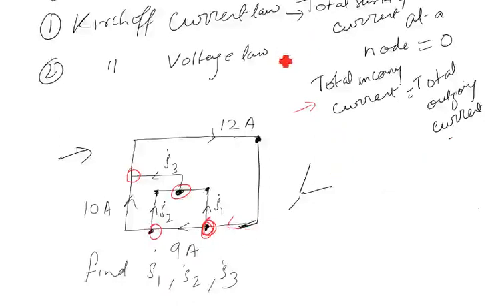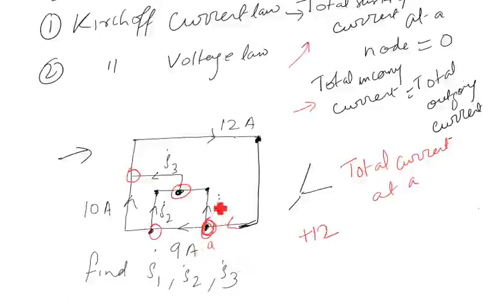Now I will use both the formulas. Just remember for the first formula that if the direction is in, you have to give a positive sign. If the direction is out, you have to give a negative sign. So total current at A: this 12 is incoming, so I put plus 12.